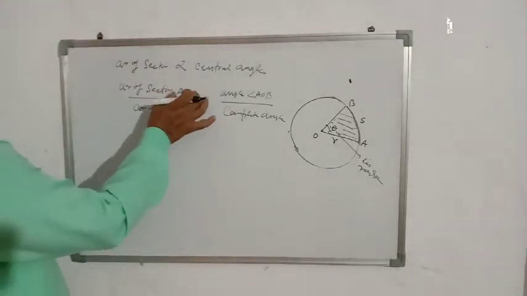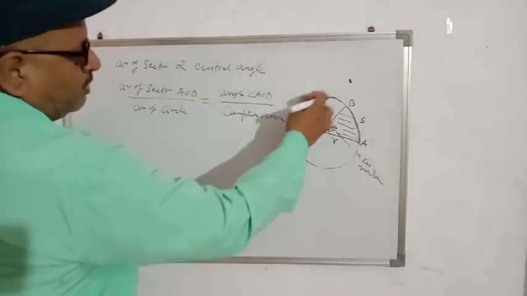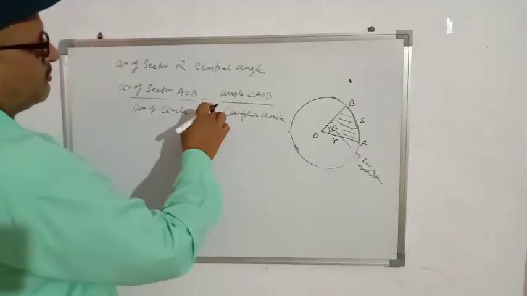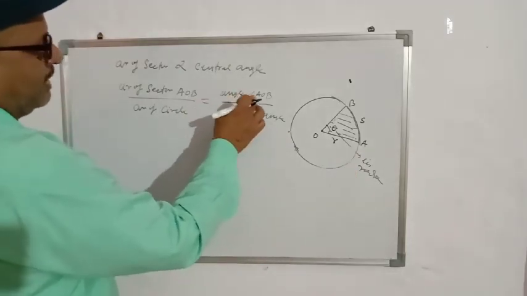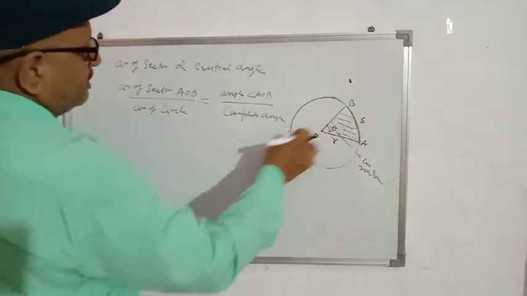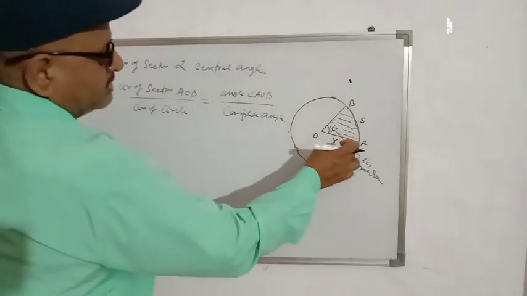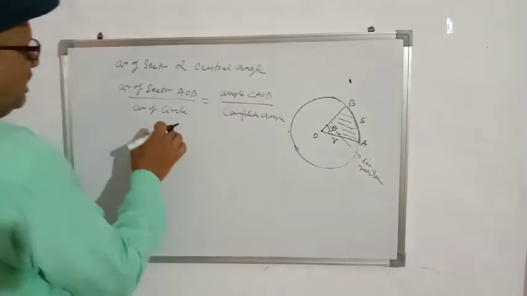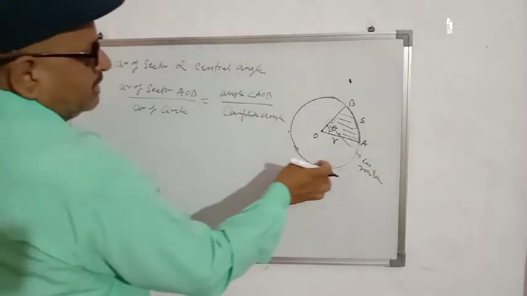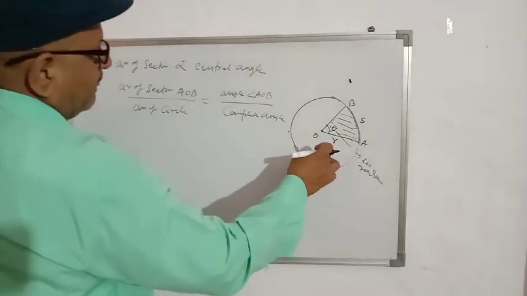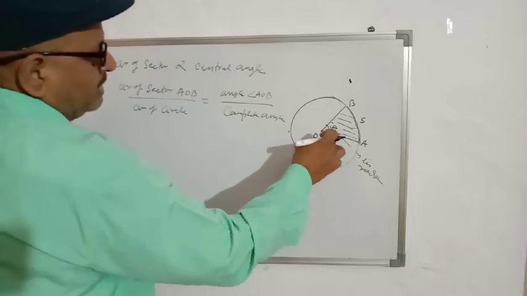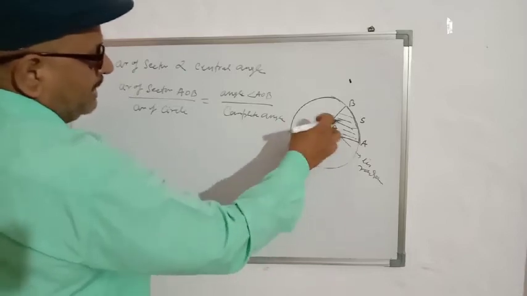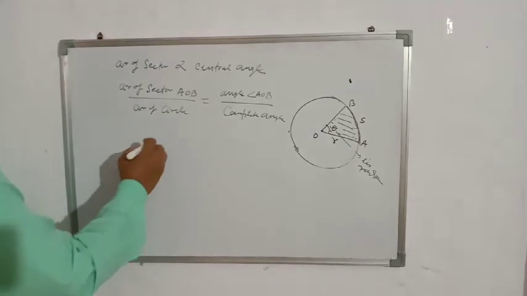In sector AOB the central angle is AOB, that is theta, and the whole area of the circle is formed by the complete angle, 360 degree.